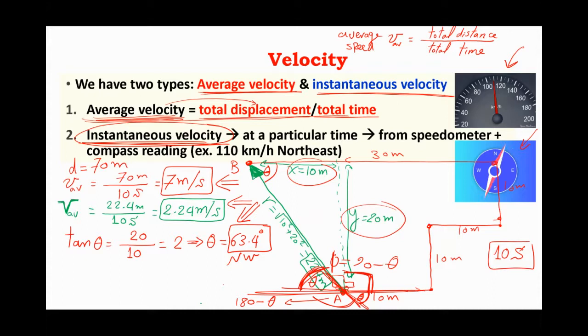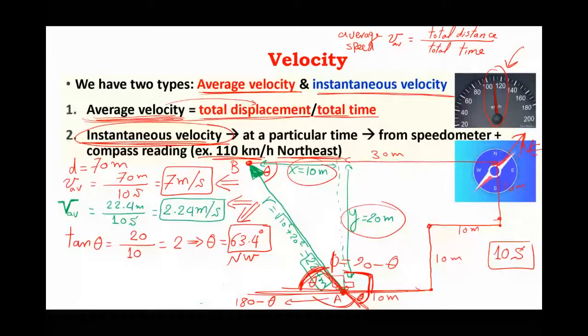Look at the speedometer to tell the value of the velocity. The value of the velocity here is 110. And look at the compass to tell the direction. Let's say, for example, it's northeast. So the instantaneous velocity needs a value and direction, the instant value and the instant direction.